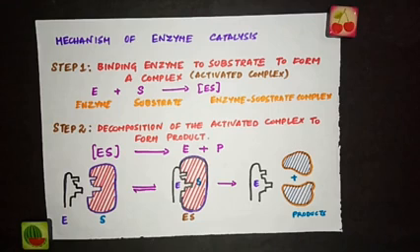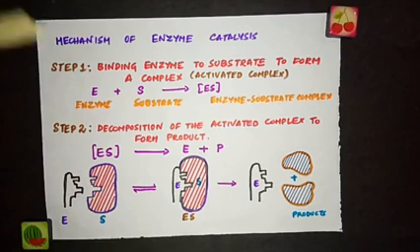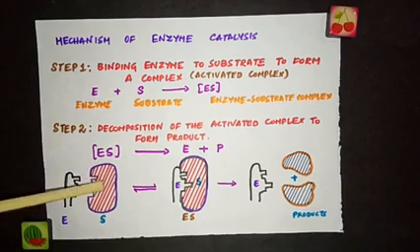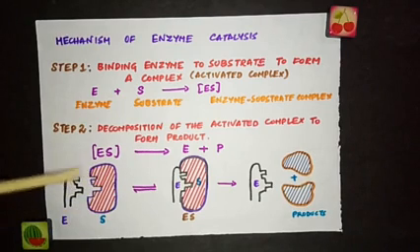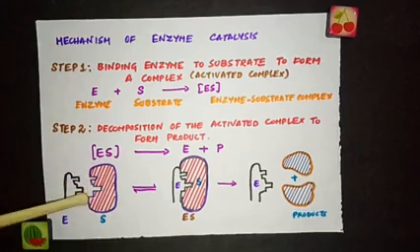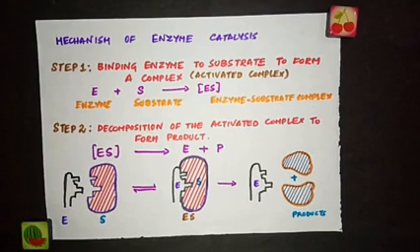These active sites have a specific shape. For example, let's take this as an enzyme, and its active sites have a specific shape. The molecules of the reactant, which is the substrate, have a complementary shape, which means the enzyme can perfectly fit into these cavities on the substrate, just like a key fits into a lock.